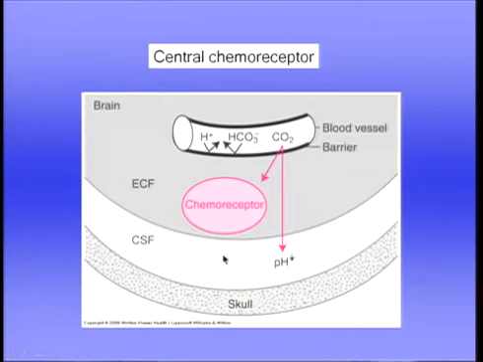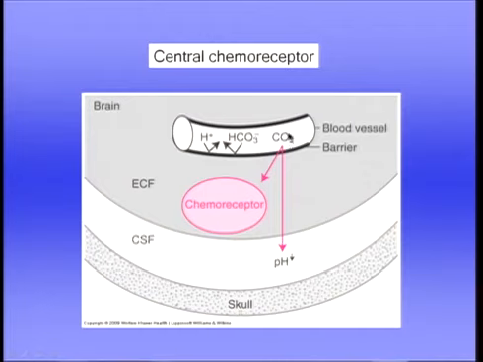We can put a needle into the space and take some of it out if we wish. And it's the pH of the CSF which apparently has a large effect on the response of the chemoreceptor. The chemoreceptor also depends to some extent on the blood flow through the brain perhaps, and local metabolism perhaps, but it's mainly the pH of the CSF that's important.